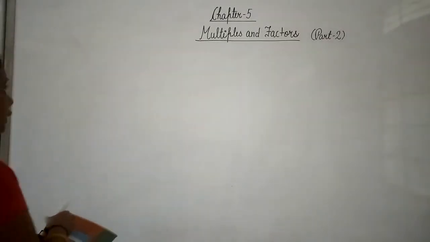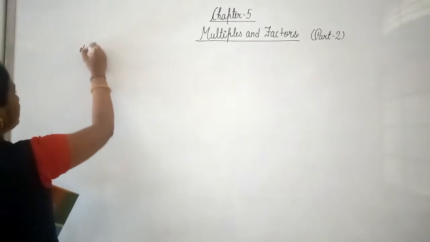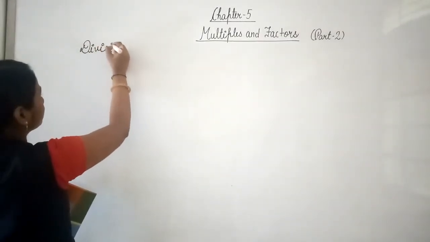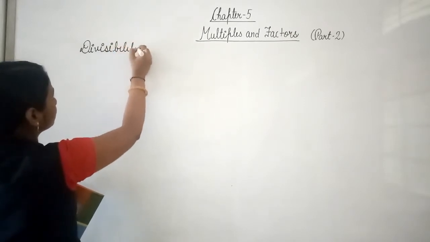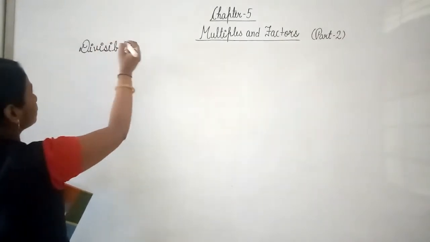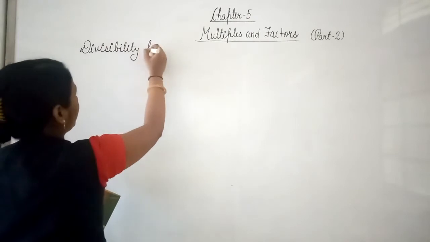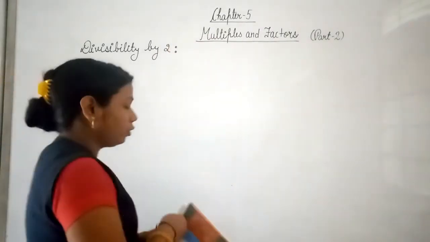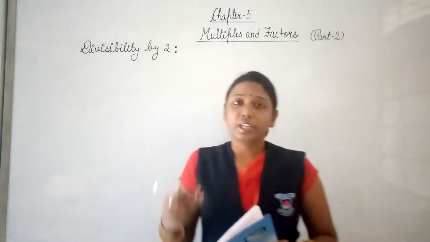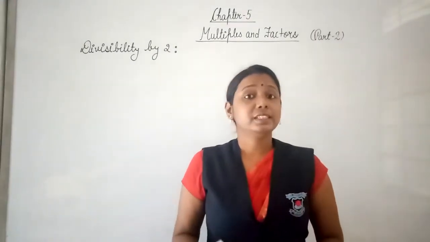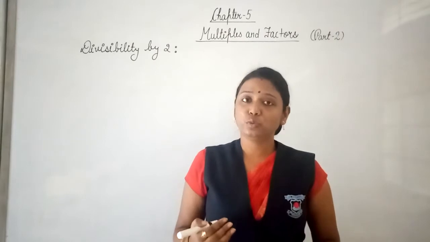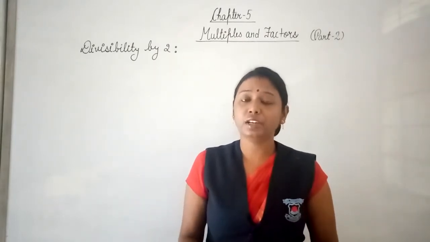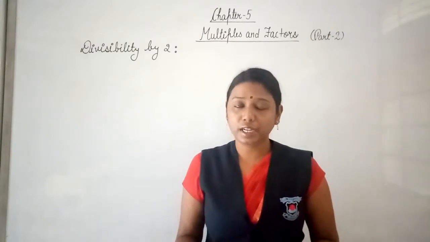Firstly, divisibility rule of 2. To check whether the given number is exactly divisible by 2 or not without performing the actual long division method, how can we tell?